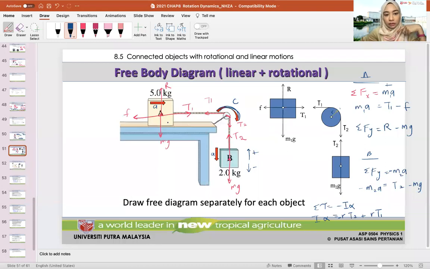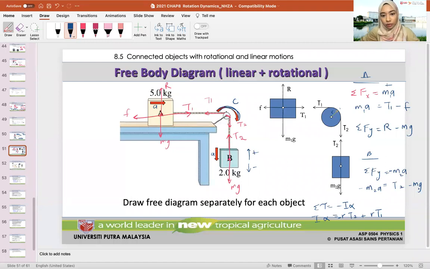We are assuming the object is moving to the right, that's a positive A. This guy moving downwards, that's a negative A. And then we're assuming because this guy is to the right, this guy is going downward, therefore logically it would rotate clockwise, right? So clockwise is negative I alpha. And then your T2 is going to rotate clockwise, is negative RT2.